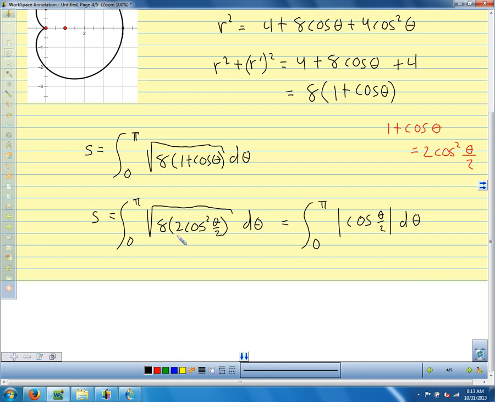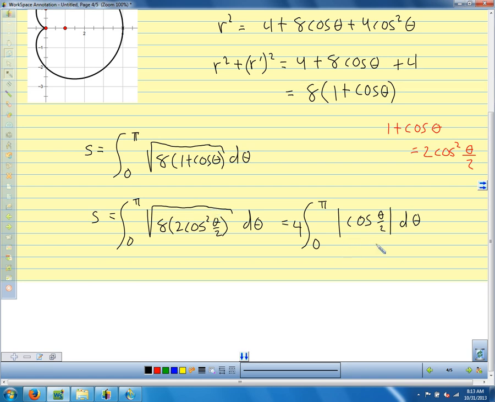Oh, I forgot, 8 times 2 is 16, so I take the square root and I end up with 4. Yes, so this would be the top half. We're still talking about the top half, but yes, we need to double it at the end.